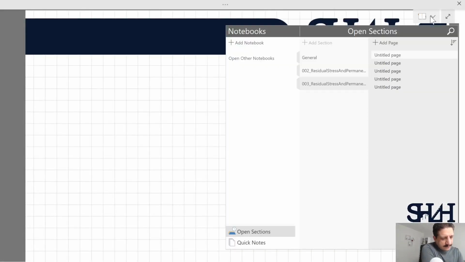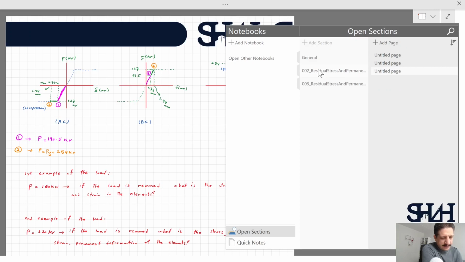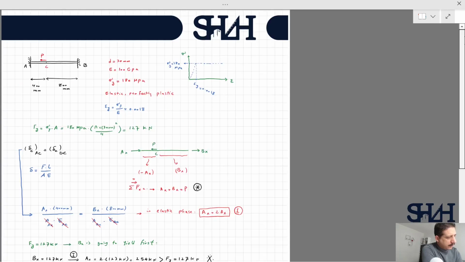In the previous example, we went through the calculation of the load that can be applied to this system. At point A, we have a fixed support, and at point B, we have another fixed support. The element, with a material like brass with a modulus of elasticity of 100 gigapascal and a yielding stress of 180 megapascal, is assumed to be an elastic, perfectly plastic material.